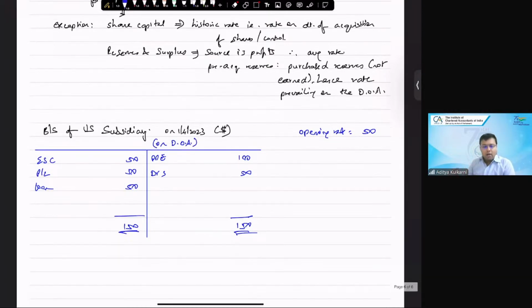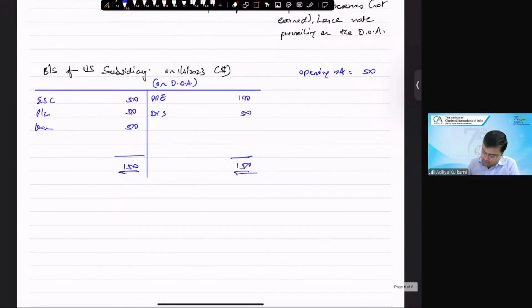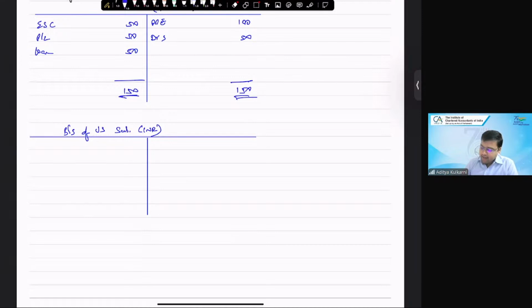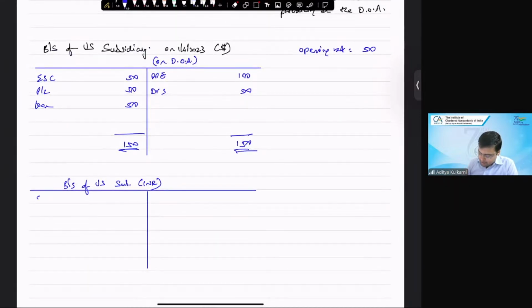Now, on the date of acquisition, if I do the conversion of this trial balance, so balance sheet of US subsidiary into INR. Let us suppose I do this conversion. What rate will I convert the equity share capital on the date of acquisition?